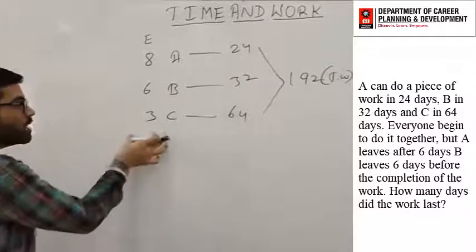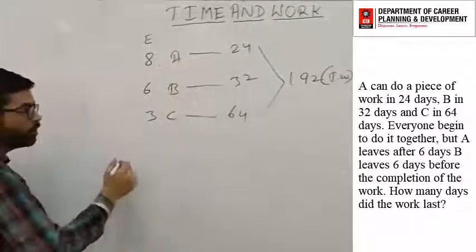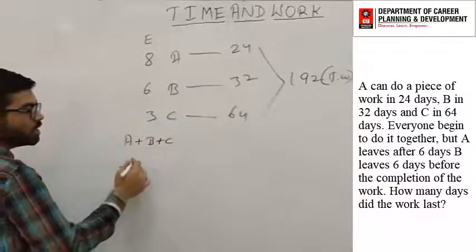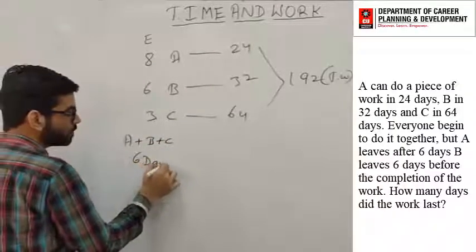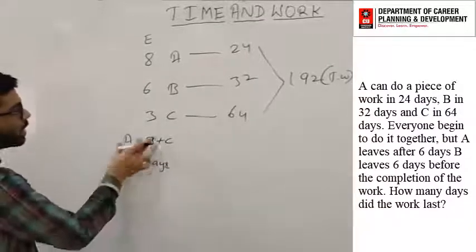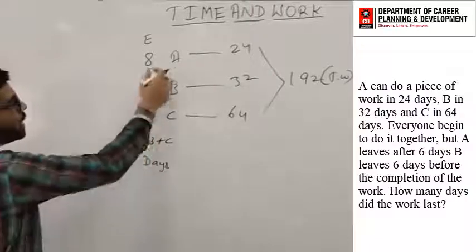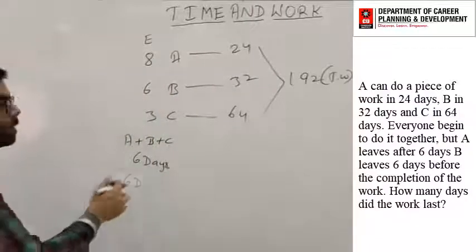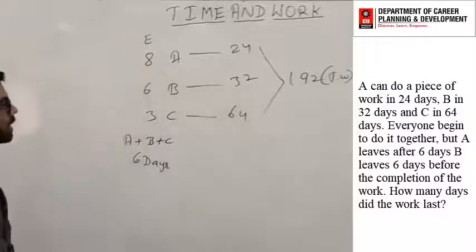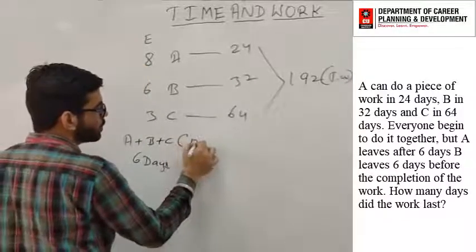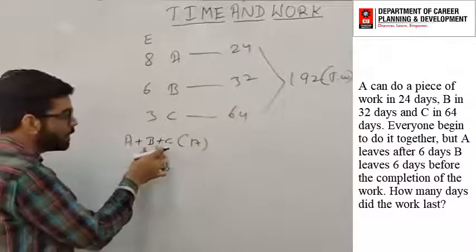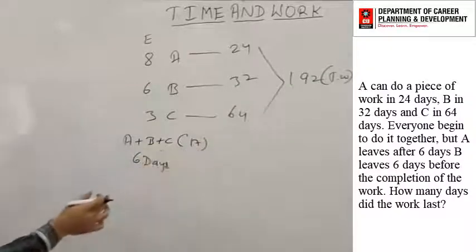That means for these 6 days everyone is working, that is A plus B plus C, and their combined efficiency will be 8 plus 6 plus 3, that is 17.